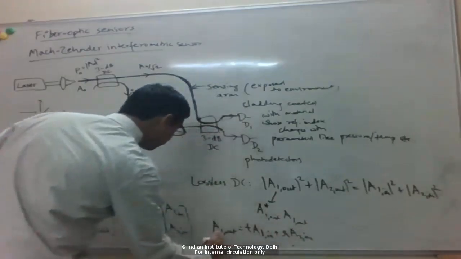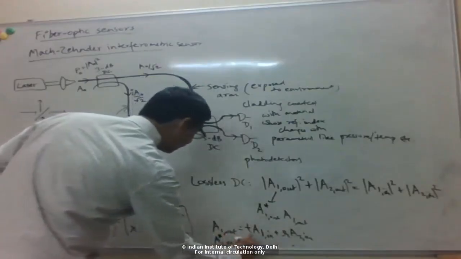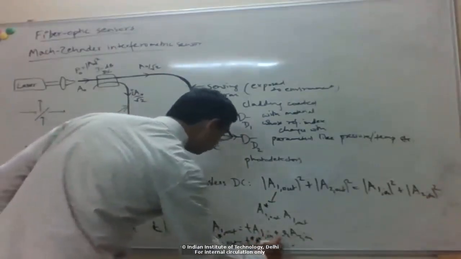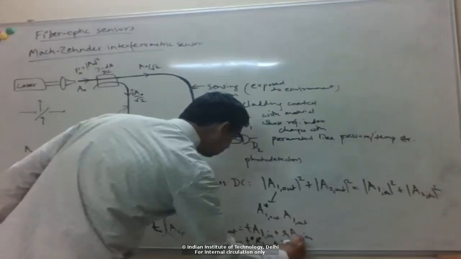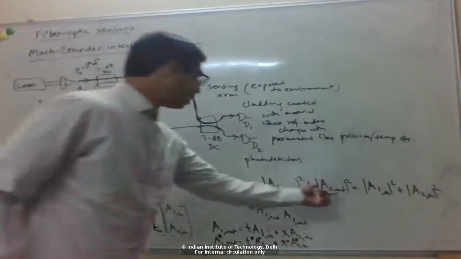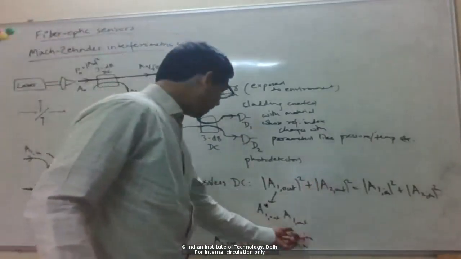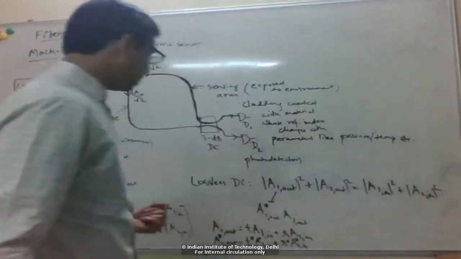So A1 out conjugate will be T conjugate A1 conjugate in plus R conjugate A2 conjugate in. Similarly for A2. So we plug in for A1 out and A2 out in terms of A1 in and A2 in on this side, and this side already has A1 and A2 in.